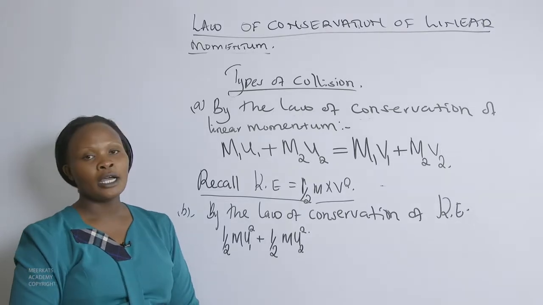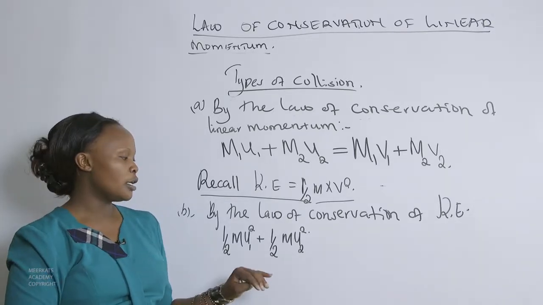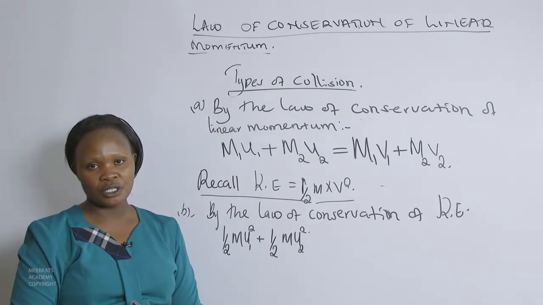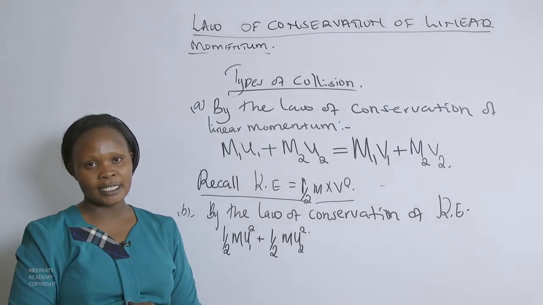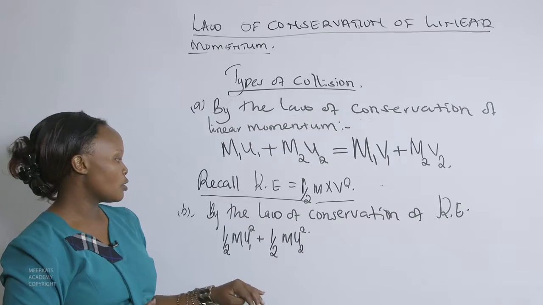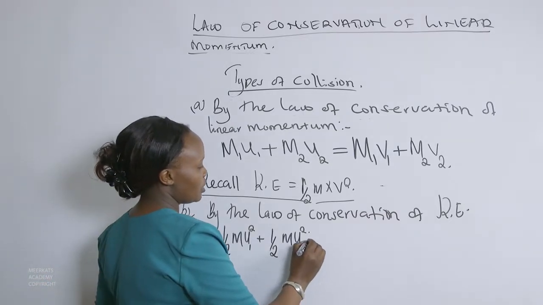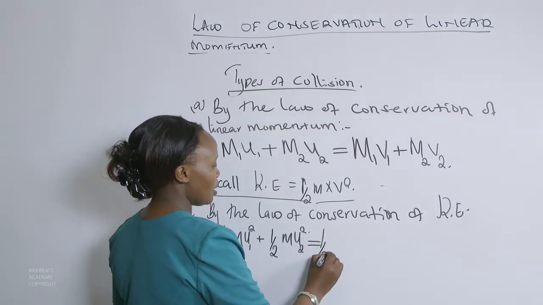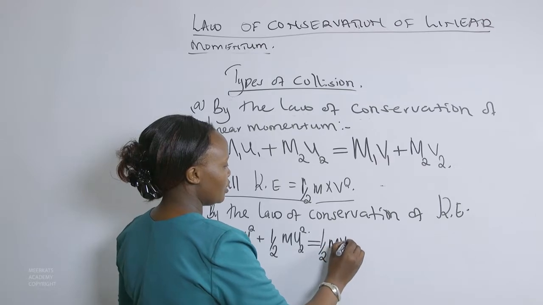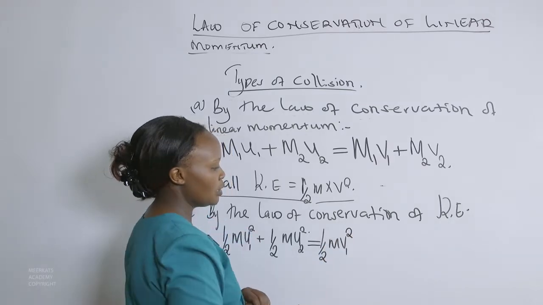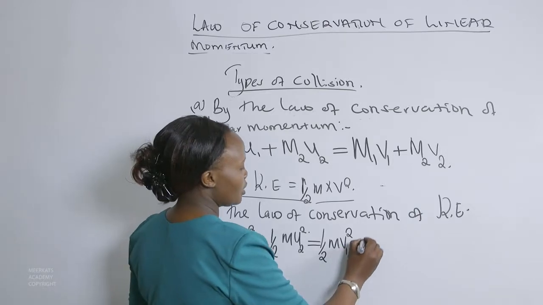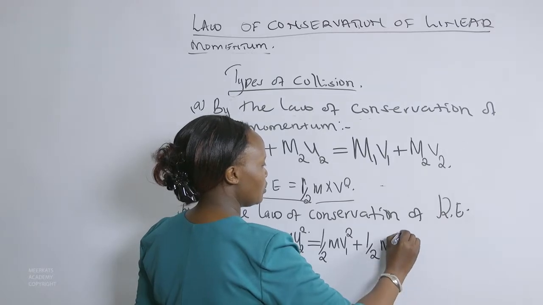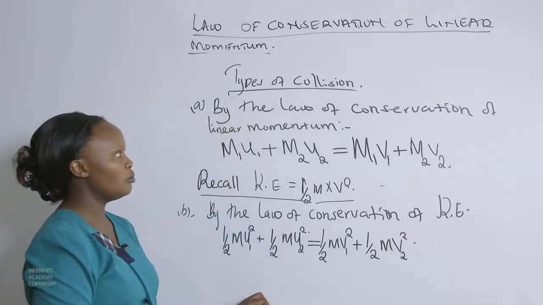But we are saying after our bodies collided, they acquired some new velocities and for which kinetic energy needs to be preserved. So this one should be equated to the total kinetic energy after collision, which is given by a half m1v1 squared for body 1 plus a half m2v2 squared for body 2.